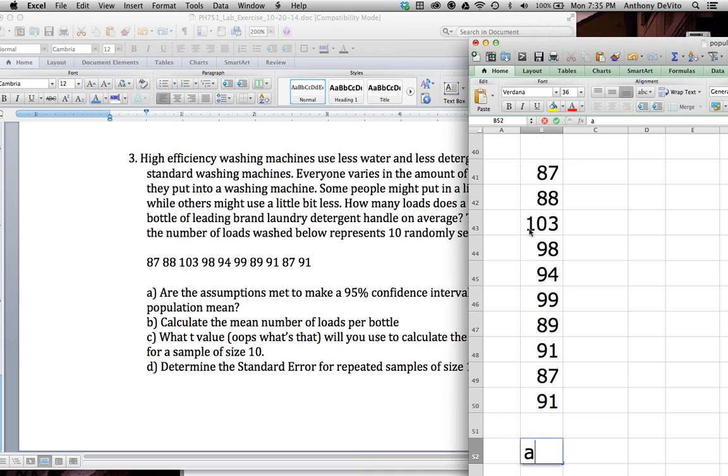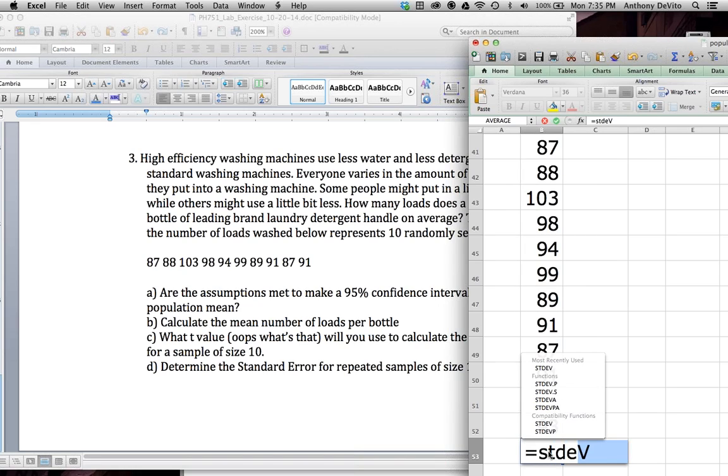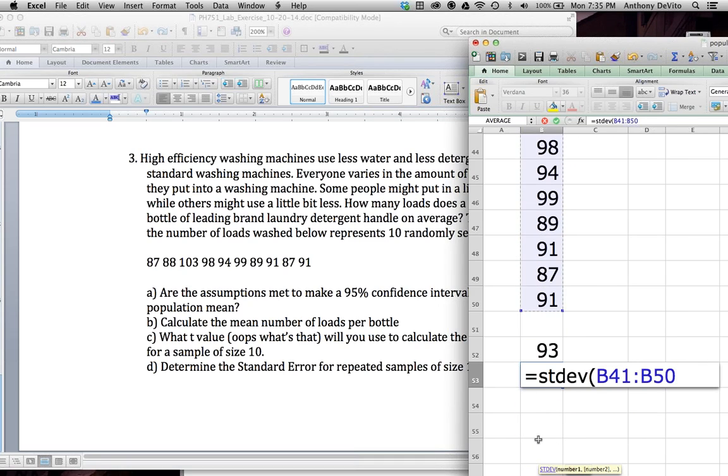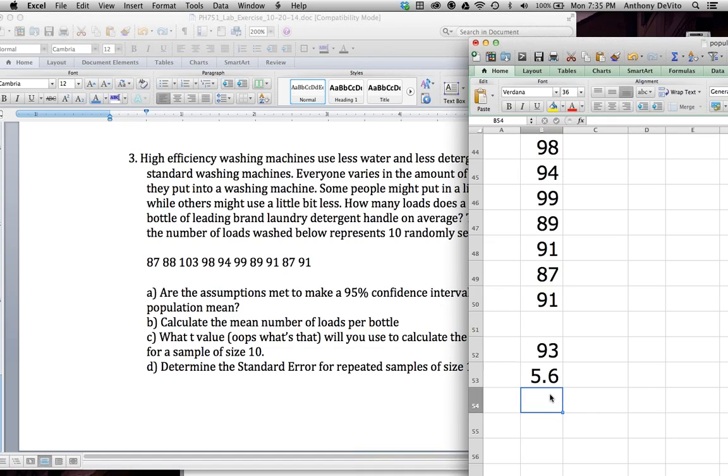Okay, so the average is, okay, guys got the same as I did, 93 is the average, roughly. And the standard deviation of the sample, right, not the population, the sample, is 5.6.